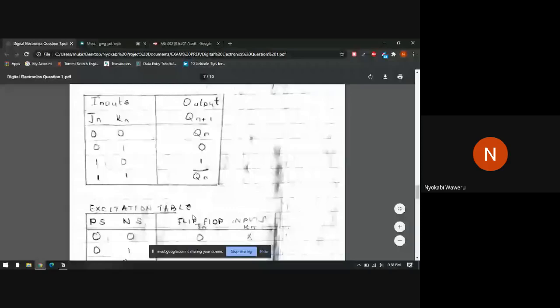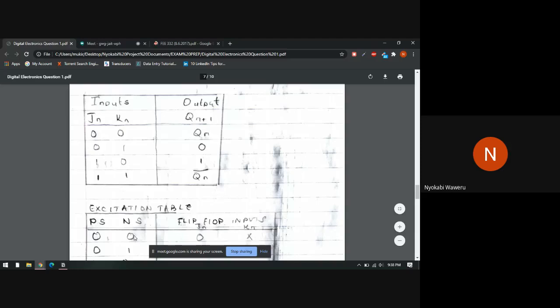Okay, let me start again. We have the characteristic table here and the excitation table here. I'm going to look at the first row here because we have a don't care value. Now we have previous state 0, next state 0.